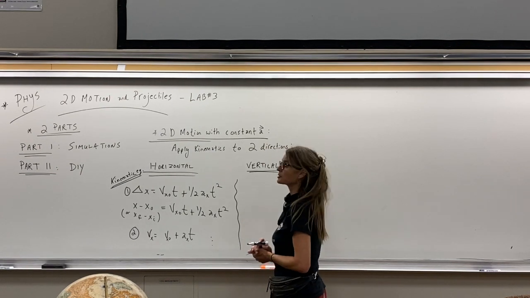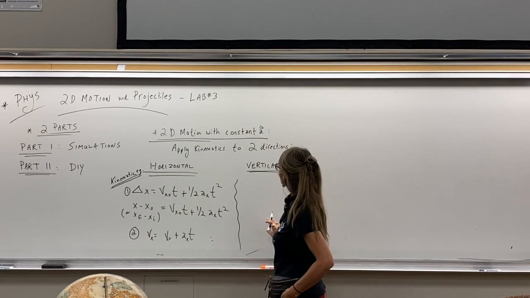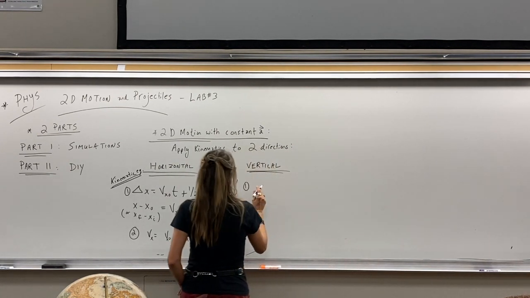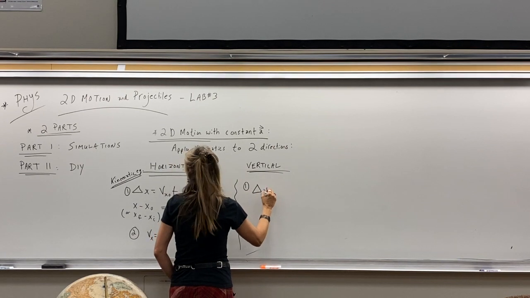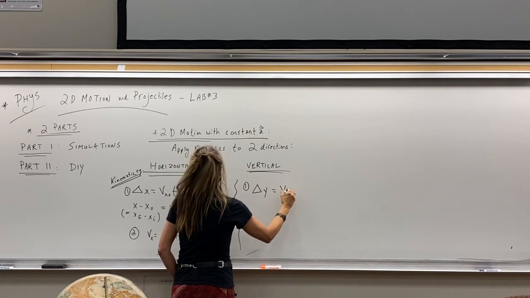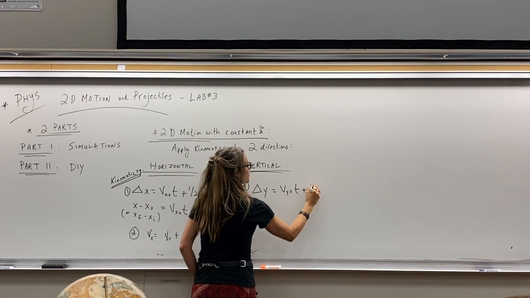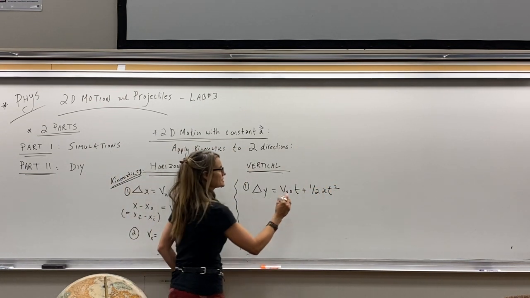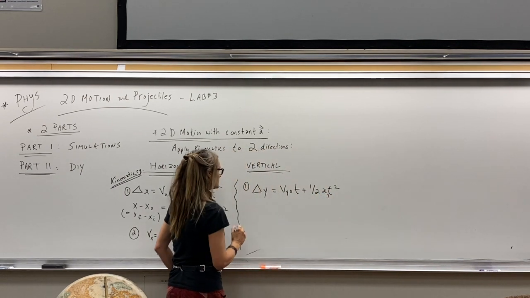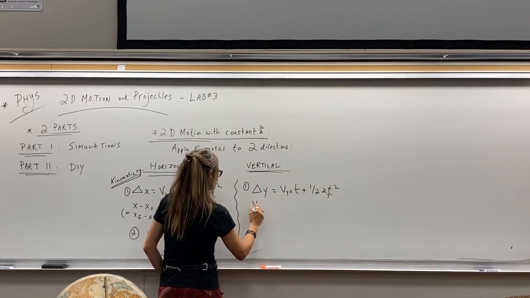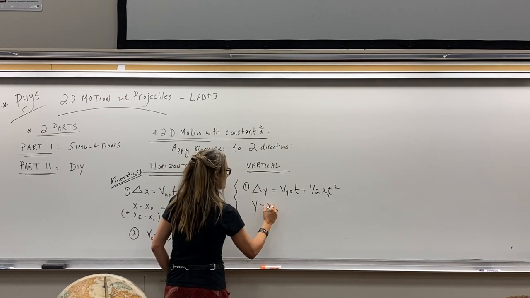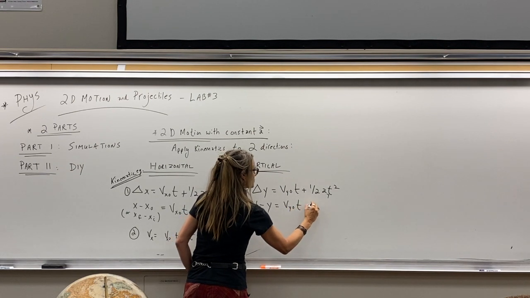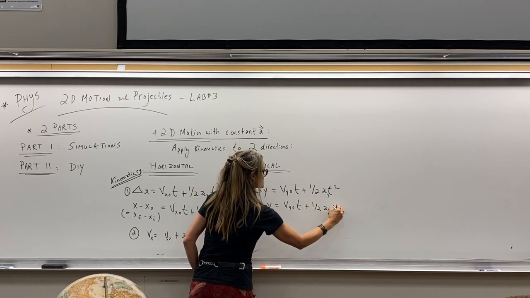It will help you put your problem into perspective, and then we lay out our vertical equations of motion, which would be delta y in this case equals vy naught t plus 1/2 at squared. Okay, and I'm going to say this is acceleration in the y direction, and my y is going to be y final minus y initial, or y minus y naught equals vy naught t plus 1/2 ayt squared.